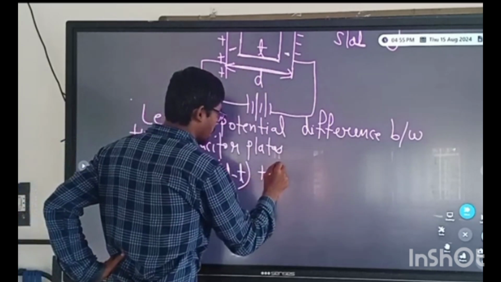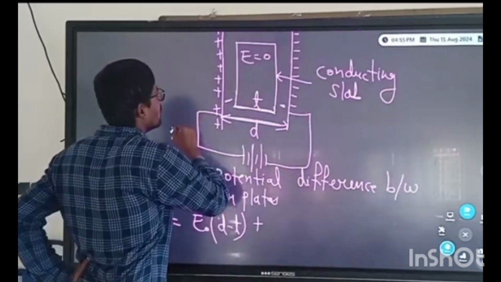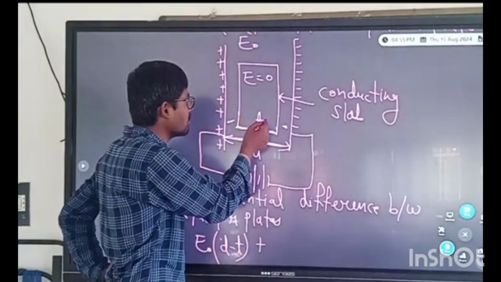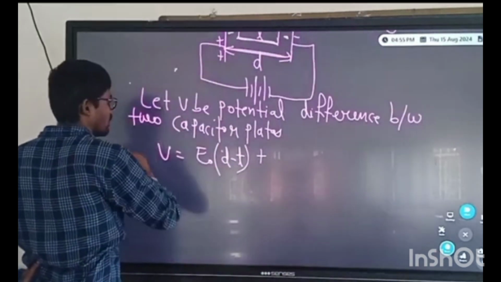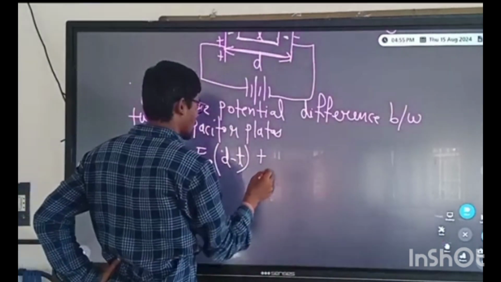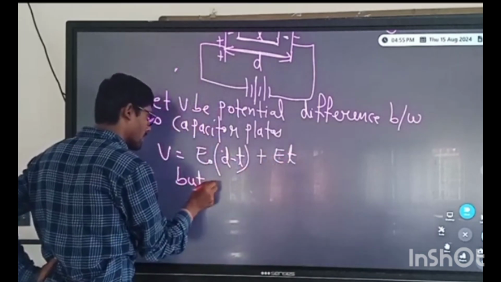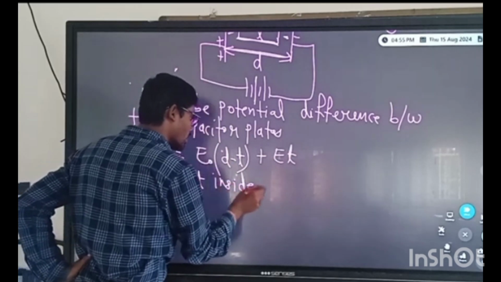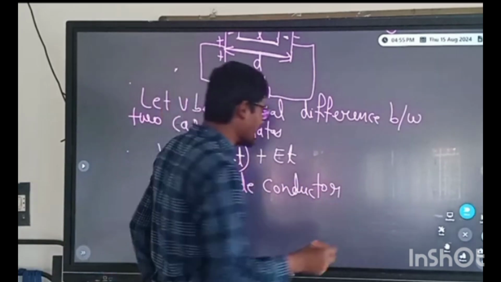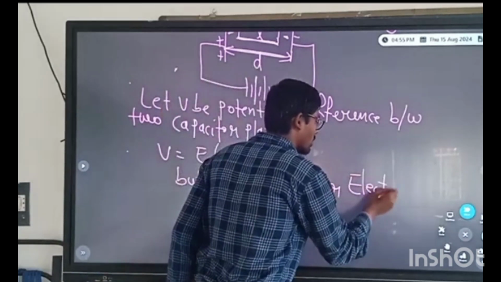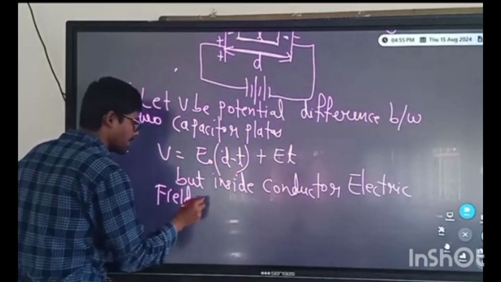Inside the conducting slab the electric field is 0, so that portion contributes E times t equal to zero. Inside the conductor the electric field is 0.